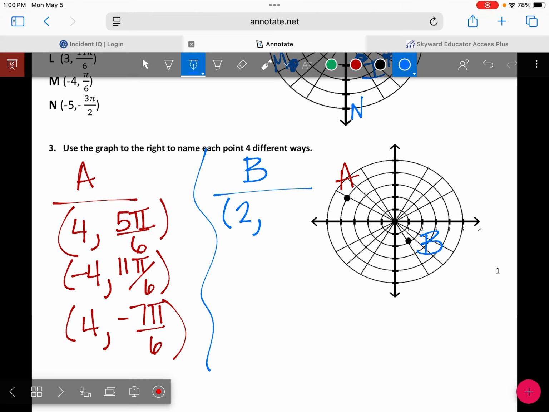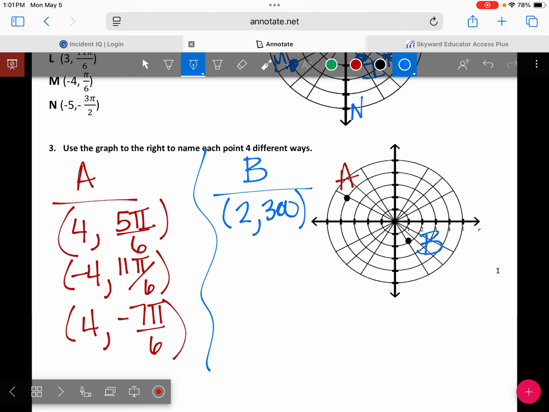The radius is 2. I would take degrees, but just again, on the project, it has to be in radians. But for this purpose, you can tell me degrees or radians. So 2, 300, yep. Which is 5 pi over 3, by the way.